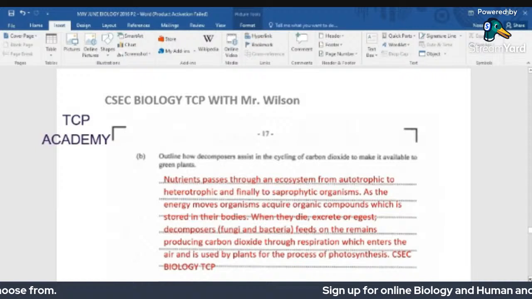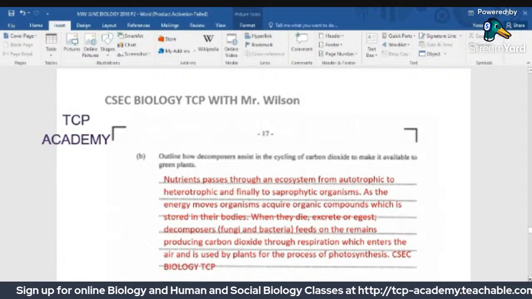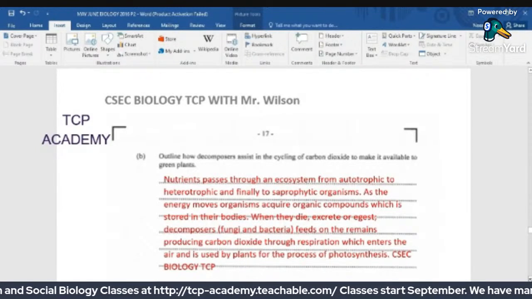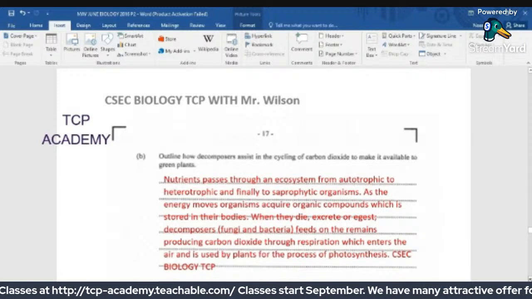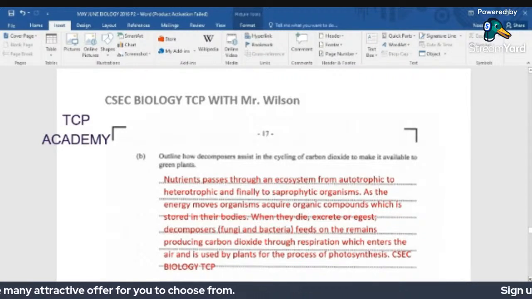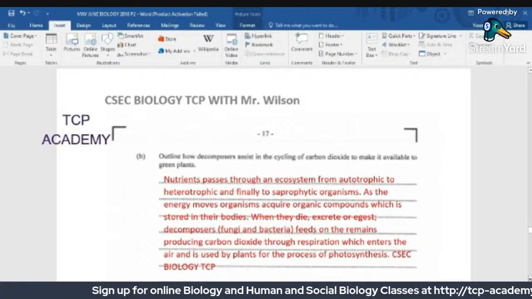As the energy moves, organisms acquire organic compounds which are stored in their bodies. When they die, excrete, or are ingested, decomposers, fungi and bacteria, these are your decomposers, they feed on the remains, producing carbon dioxide through the process of respiration, which enters the air and is used by plants for the process of photosynthesis.